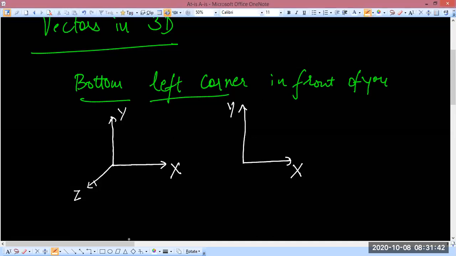So let me just once again give you some practice of i caret, j caret. What is i caret, j caret? They are unit vectors in positive X and positive Y direction. So please imagine this with your room. I caret will be along this lower edge in front of you. I will say right side is i caret. Is that okay? Can you imagine a vector in your room?